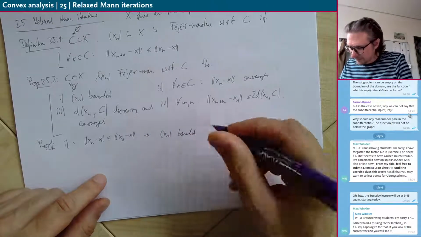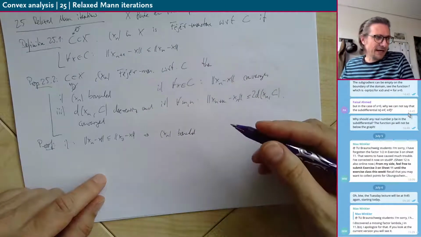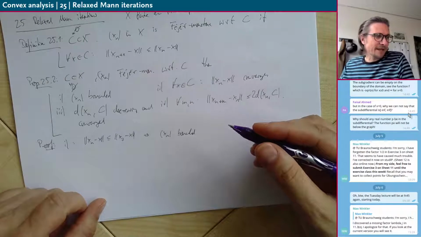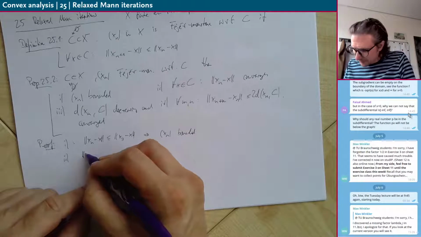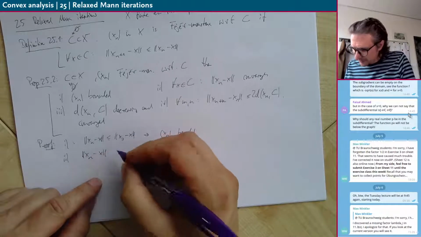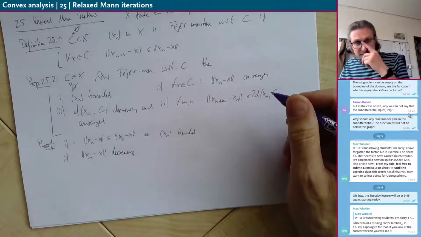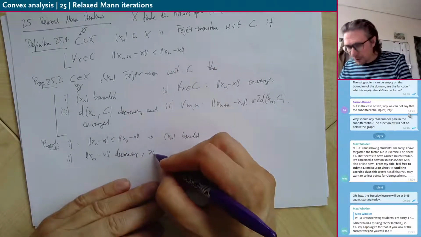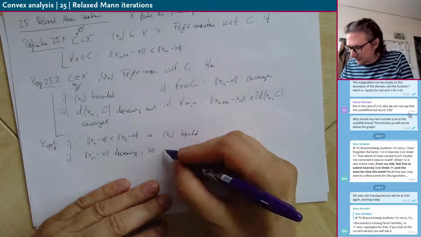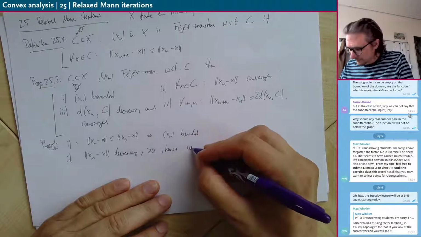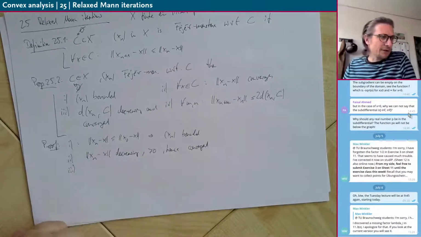If you want an intermediate step, you could first say that ||x_n - x|| is bounded, but x is fixed, so x_n is bounded as well. The second point is even simpler, because this here is decreasing, not strictly so, but decreasing, and bounded from below, hence convergent. That is also straightforward.